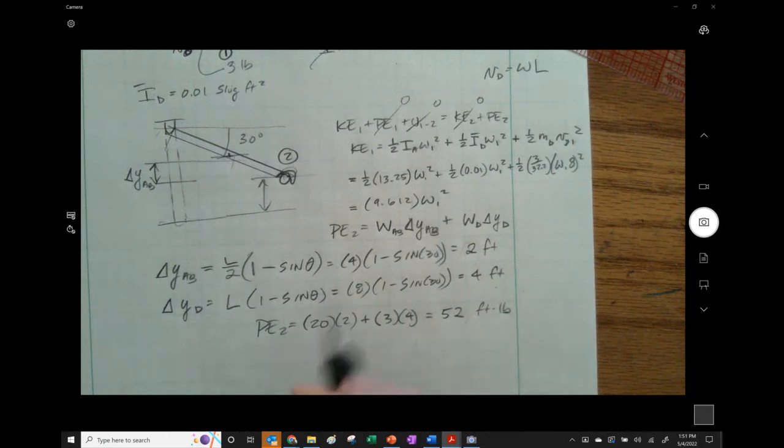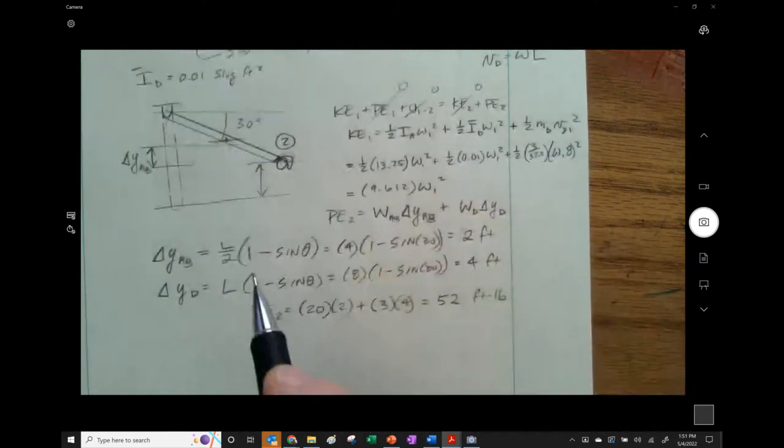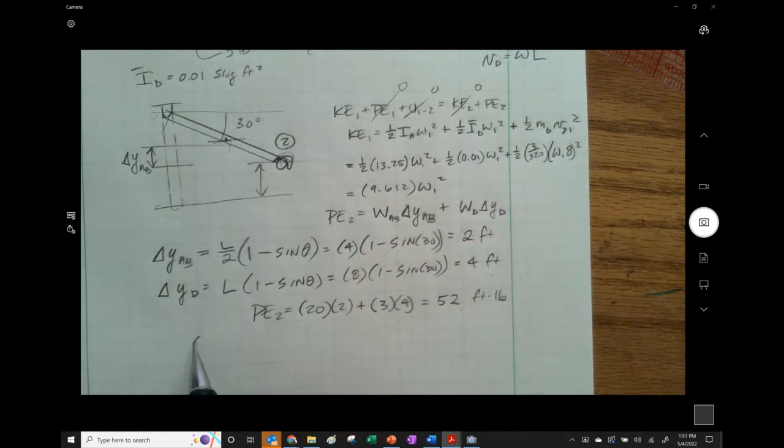Okay, so coming back to this top equation right here, we end up with 9.612 omega 1 squared plus 0 equals 0 plus 52.